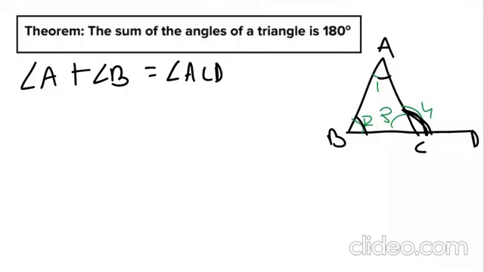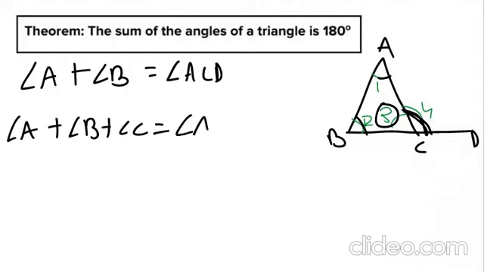That we know. Now let us say I add angle 3, this angle C, to both sides. What will I get? Angle A plus angle B plus angle C is equal to angle ACD plus angle C, isn't it? If I add C in both places. Now look carefully.